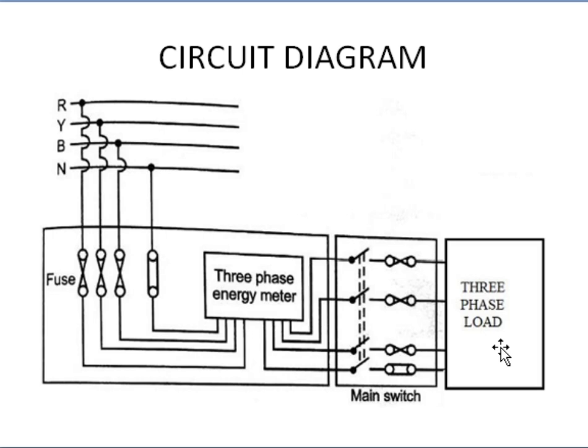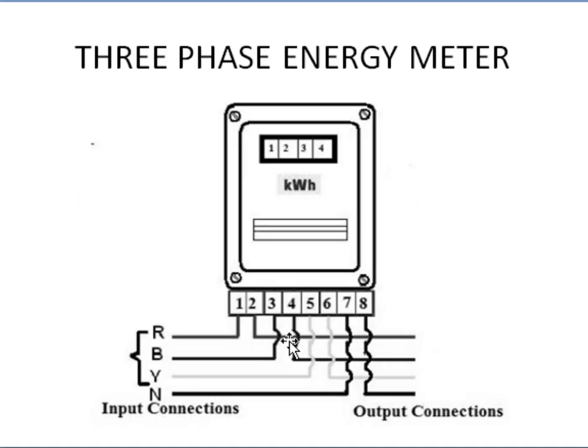In a 3 phase load, if we use high power rating motors or any other machines in industries, we supply them with this kind of circuit. In a 3 phase energy meter, a total of 8 terminals are available. The odd terminals 1, 3, 5, 7 will be connected to the input line, and all the even terminals will be connected to the output.